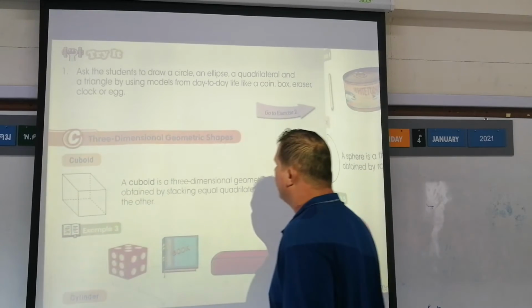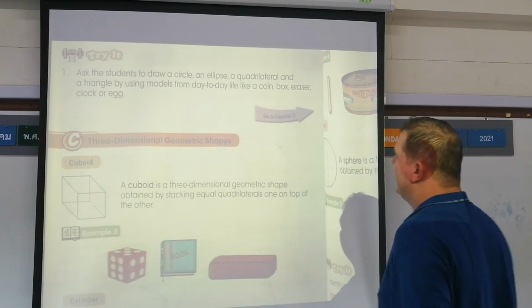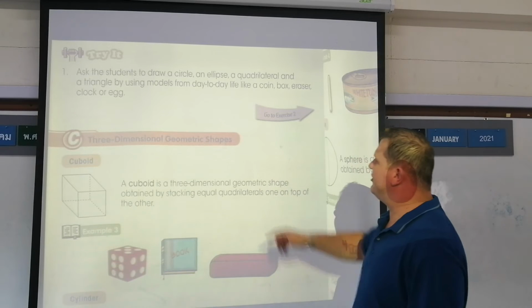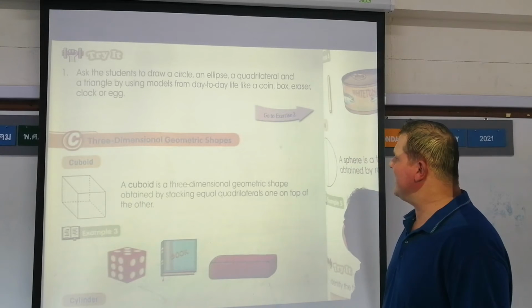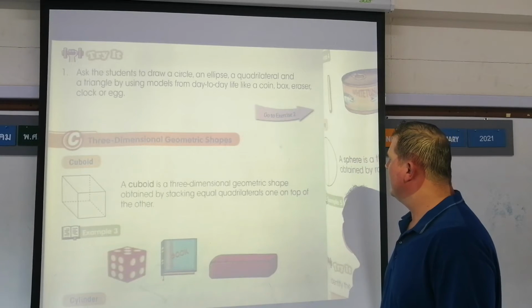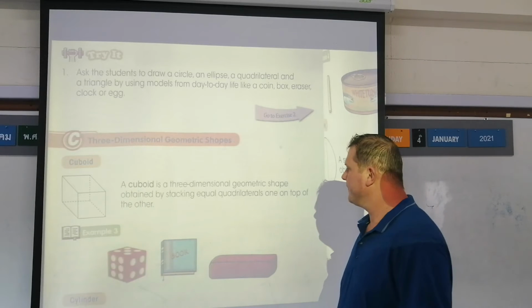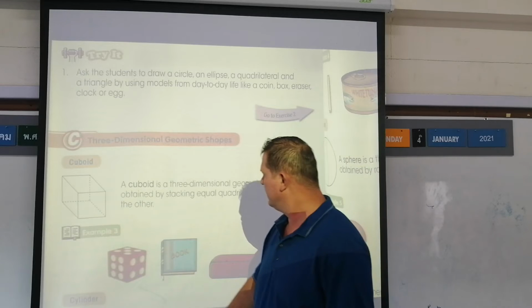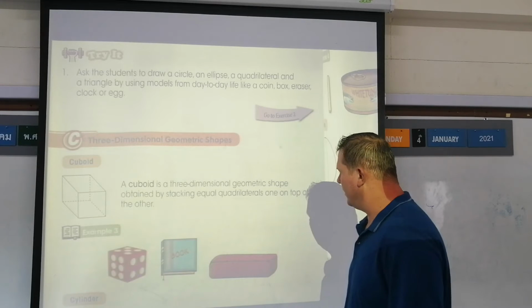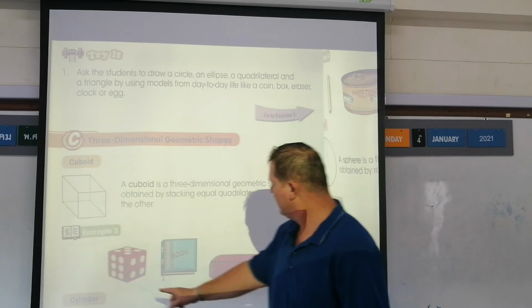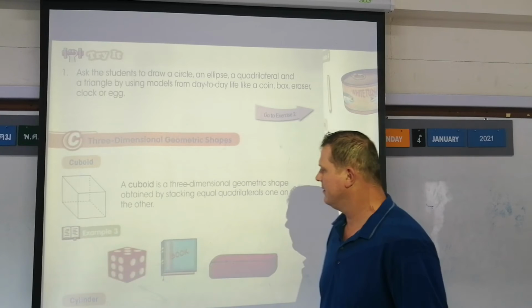Alright, guys. A cuboid is a 3-dimensional geometric shape obtained by stacking equal quadrilaterals one on top of the other. Alright? For example, 1, 2, 3.